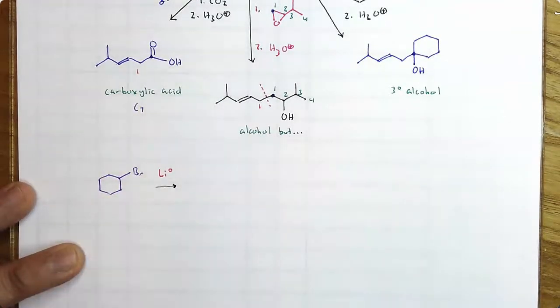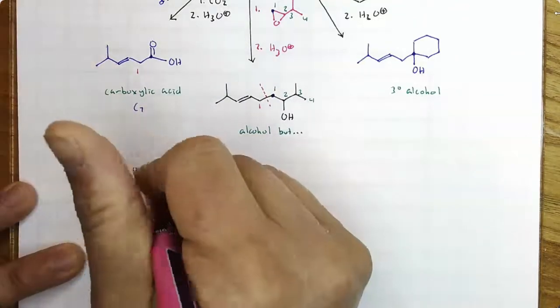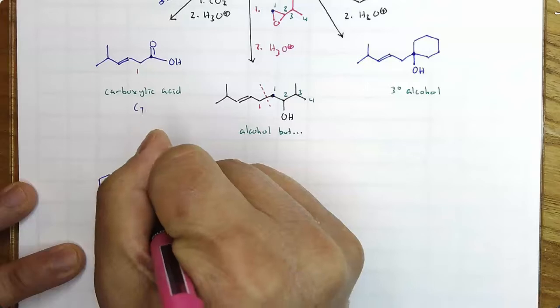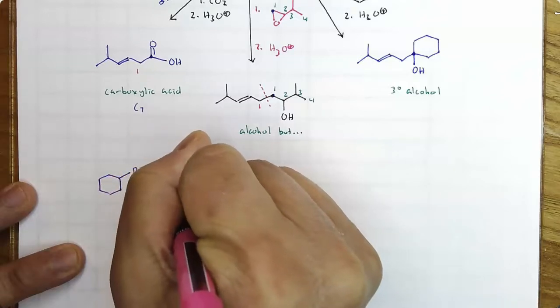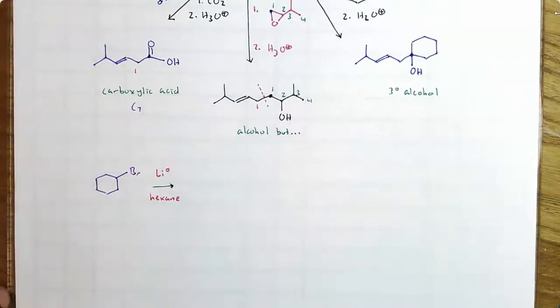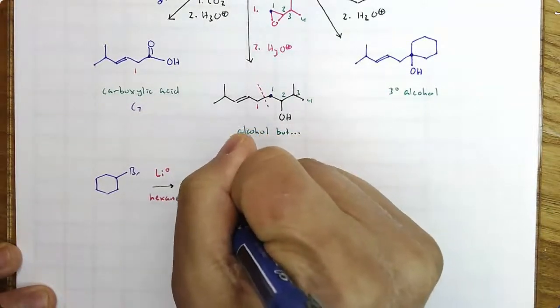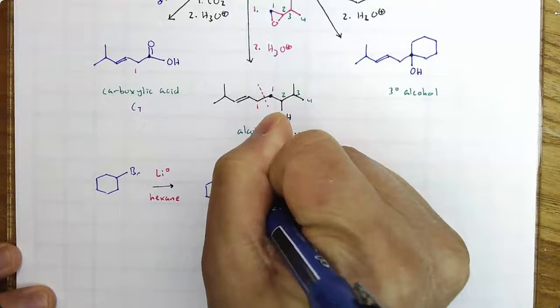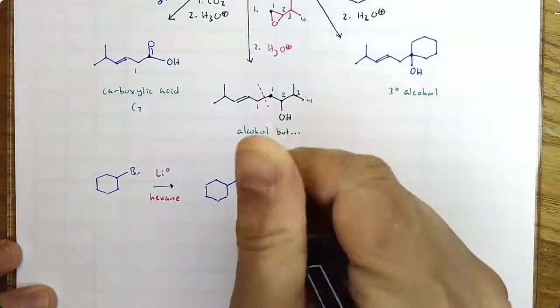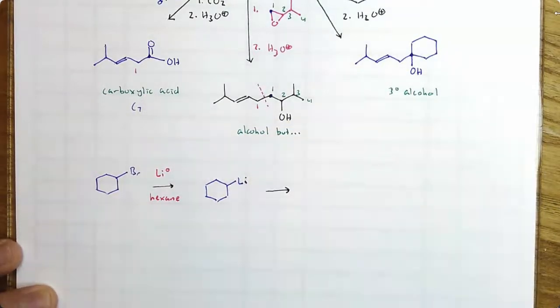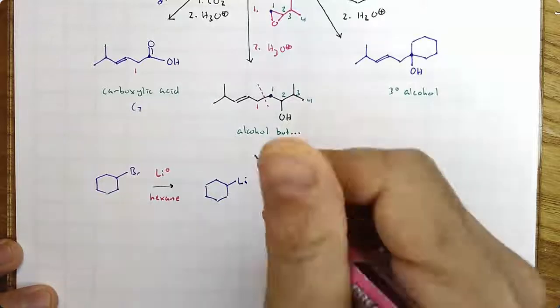Another aprotic solvent that you could use is, you have diethyl ether there. Maybe hexane. And we get the organolithium. But to make it into the Gilman reagent, we use copper iodide.